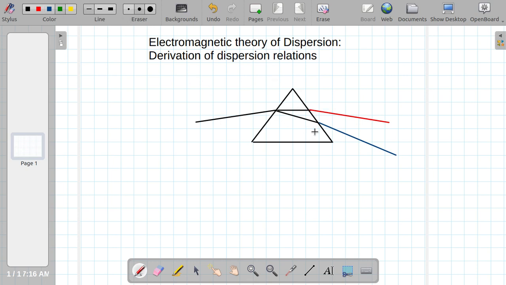So in this manner, here it will go like this, and here it will go like this. This is the red part, and this corresponds to the violet region.